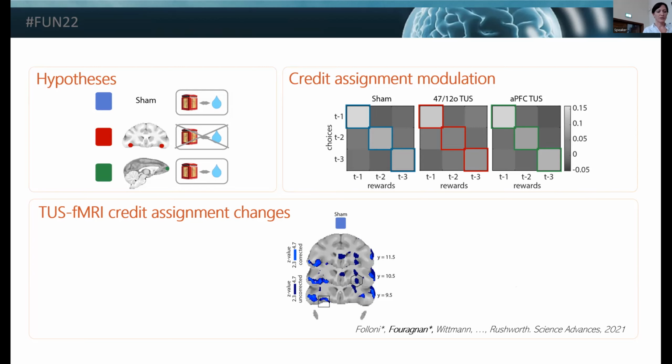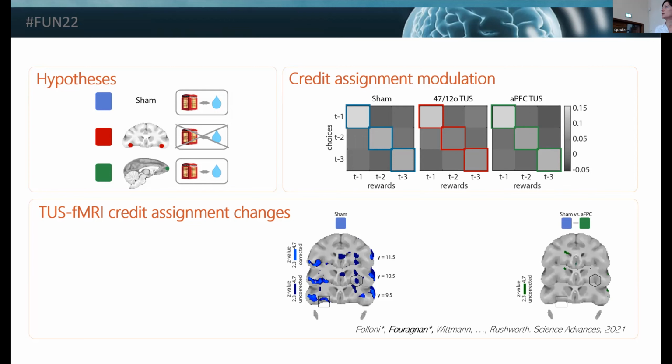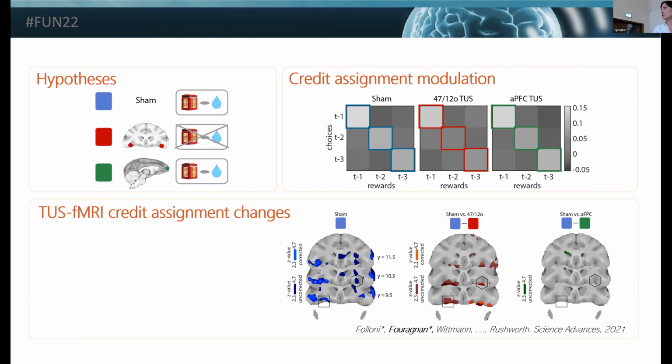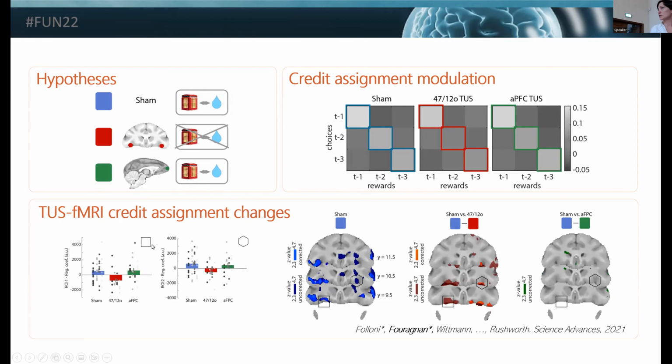So that's what we found: an increased BOLD in those regions. If we looked at the difference between the baseline session and our control region, so if you have a map that is equally active, then you should see no difference, and that's what we observed. So this was equally active. And we saw a reduction particularly in those regions after applying TUS to this lateral OFC. Maybe it's more clear in this plot here, representing a decrease in BOLD after those areas were sonicated.